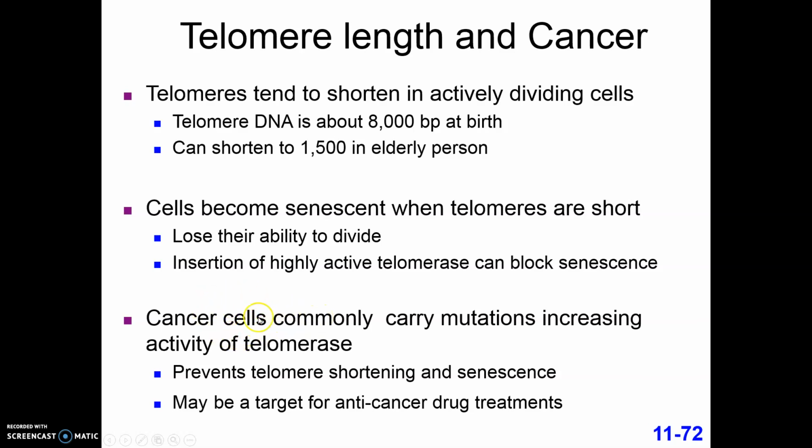And it loses the ability to both take directions from other cells in the body, as well as recognizing what kind of cell it should be and where it should be living. But one of those things that it needs to overcome is its activity of telomerase. Since cancer is rapidly dividing, it needs telomerase to be fully active. Consequently, telomerase is a target for anti-cancer drug treatments, right? So if we want to stop cancer, if we turn off telomerase, eventually that cancer will stop dividing.